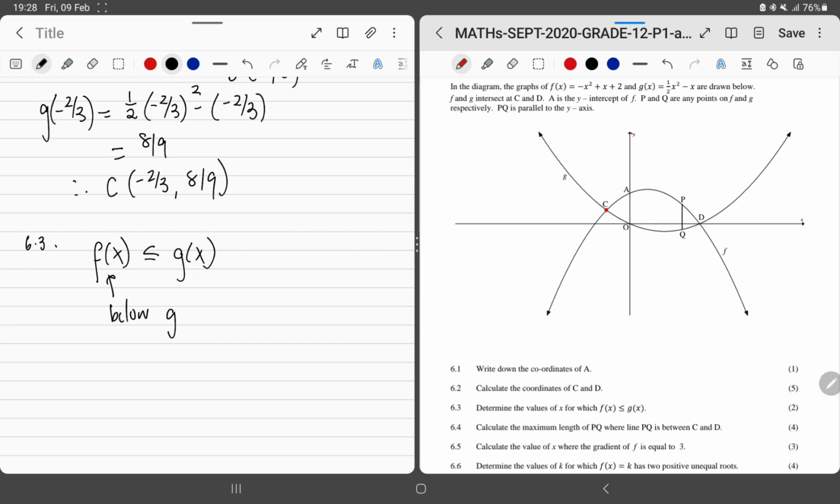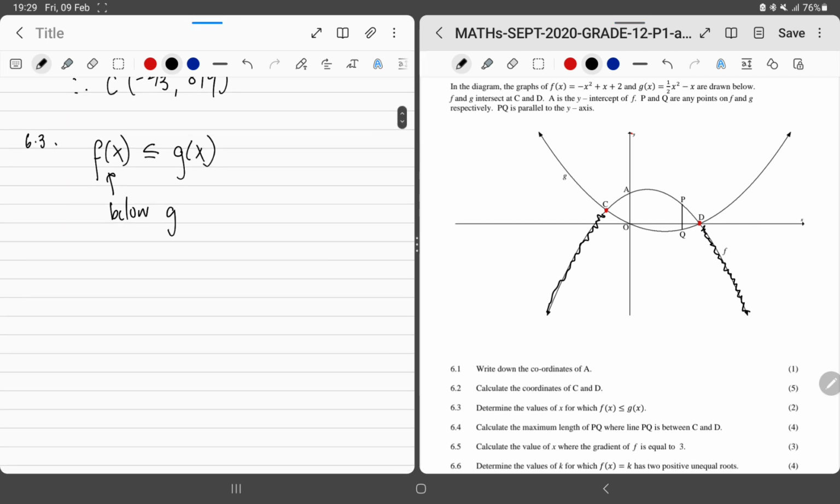Then I'm going to go to the points of intersection. And then now I am going to look at where f(x) lies below. So f(x) is below in this direction. It is also below from there going downwards.